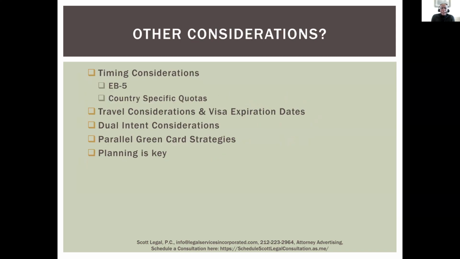And then the one thing you always have to keep in mind is the timing considerations with green cards, because some green cards, especially like EB5, take a significant amount of time to actually be granted. So you do have to make sure that you are maintaining your underlying status.